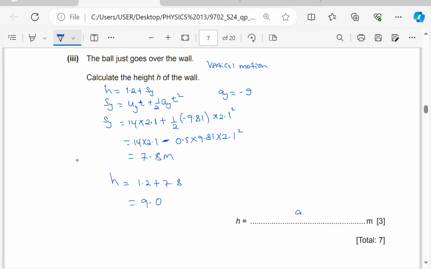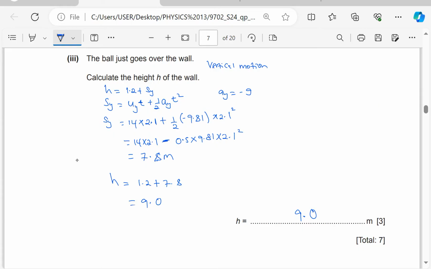So h is going to be 9.0, or a value which is very close to 9.0, depending on how you round off your value of t, depending on how you round off your value of s in the vertical, your answer will be very close to 9.0 meters.